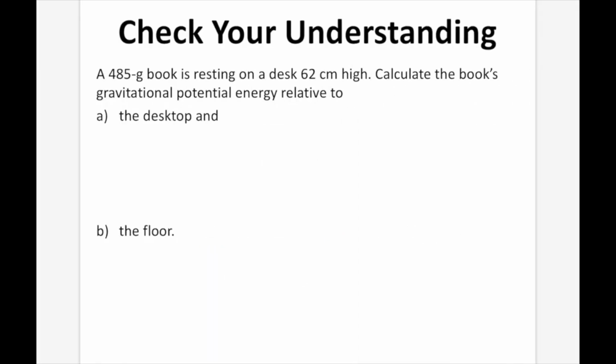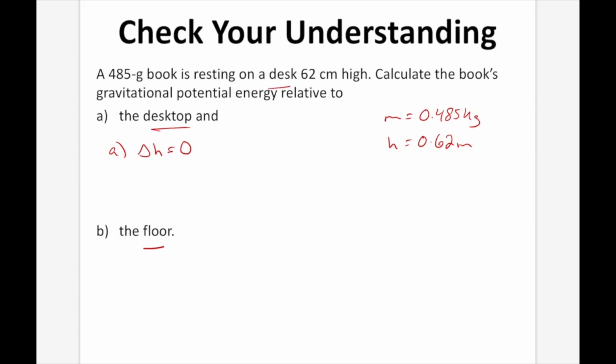A 485-gram book is resting on a desk 62 centimeters high. So let's write that out. So the mass is 0.485 kilograms, and the height is 0.62 meters. Calculate the book's gravitational potential energy relative to the desktop and the floor. So for A, it's a little bit of a trick. In this case, the height is 0 because it's resting on the desk.